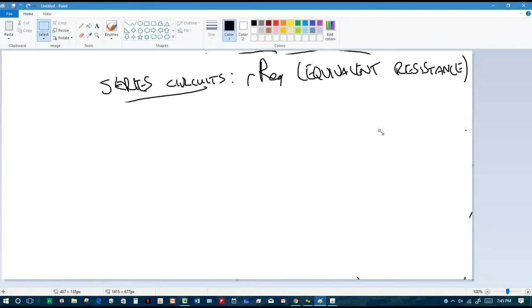Yeah. Okay. So what they call in your textbook the equivalent resistance, they normally just write R EQ.